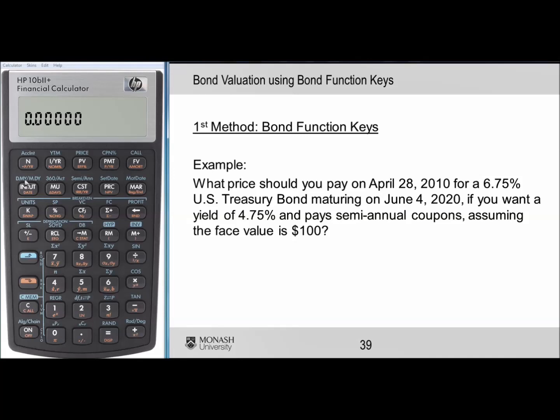In the second row, the blue functions, we have the format for the date, and this is the key to set the format of the dates, whether you want the calculator to read the date input as date, month, year, or month, date, year. The default setting of the calculator for the date format is month, date, year.